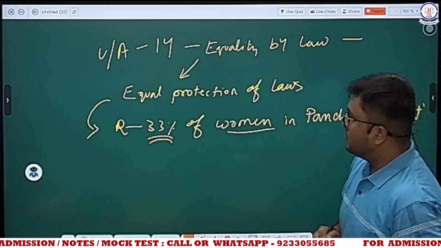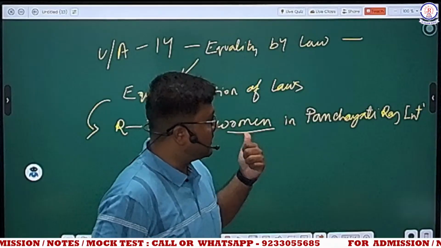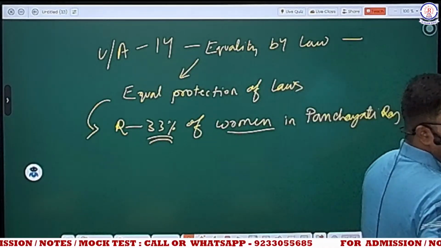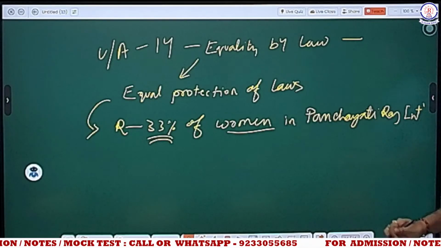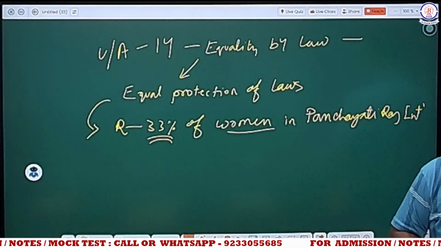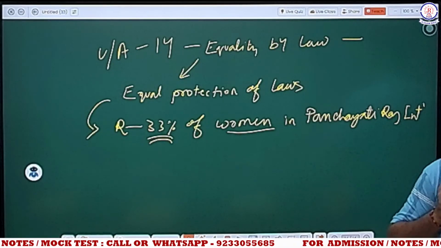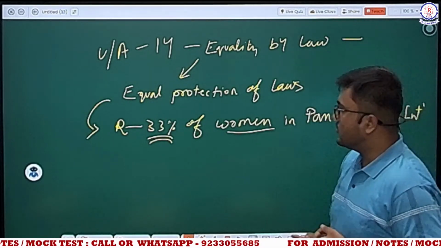In spite of this, you can see the records. In spite of this 33% reservation in Panchayati Raj institutions, women's participation in politics is still very low. We have had a woman president, a woman prime minister, women governors of states, women chief ministers of states.